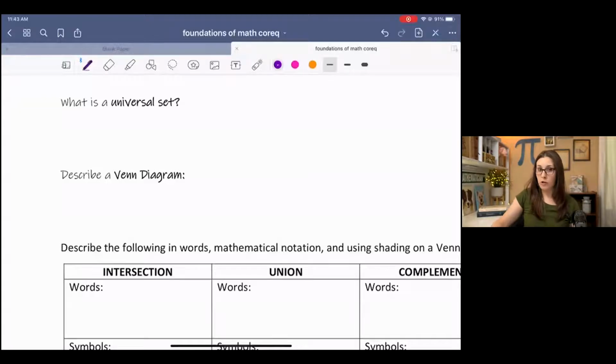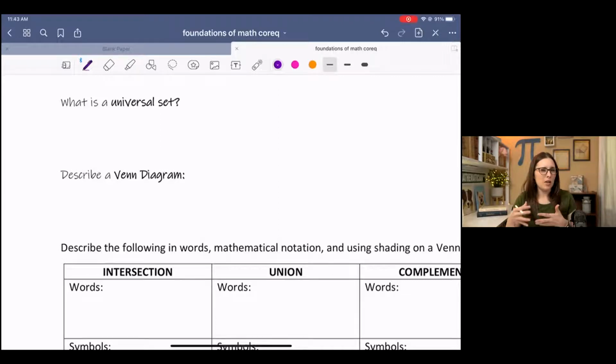A universal set is basically the collection of all possible elements that we're discussing. You'll see down below, we'll have a universal set, and then we'll have subsets, so smaller sets that we make out of the universal set.